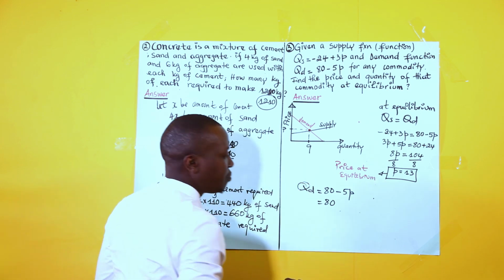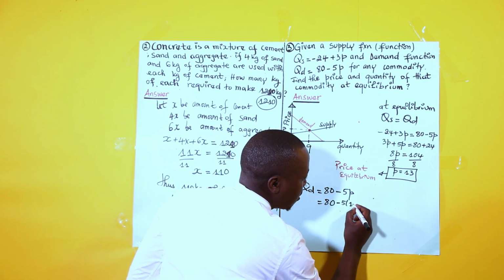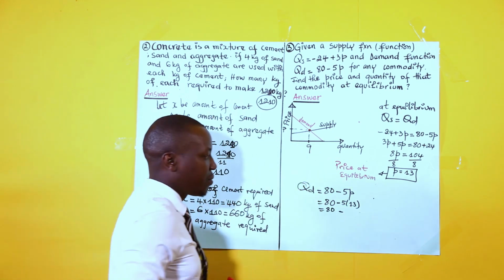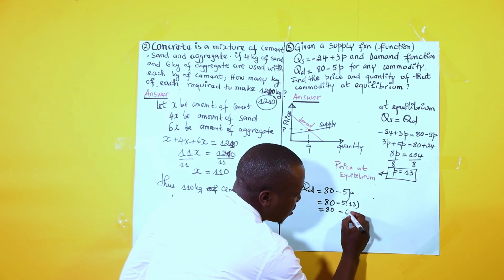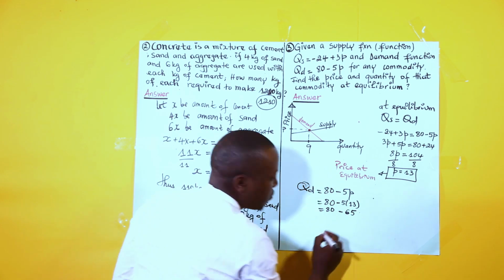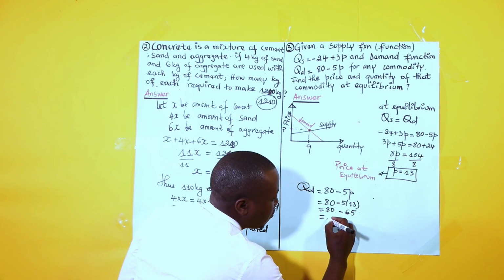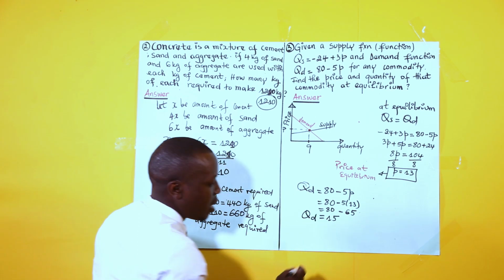We take 80 minus 5 times 13, which is 80 minus 65, and that is 15. This is the quantity demand.